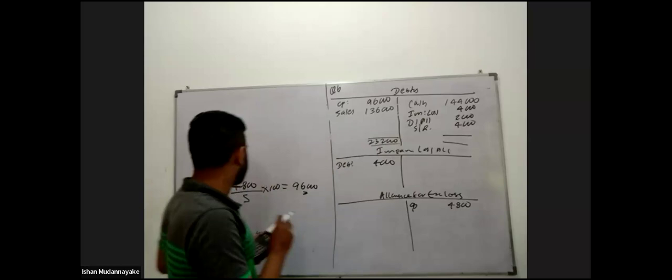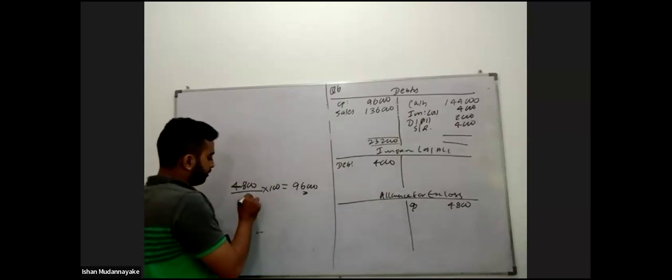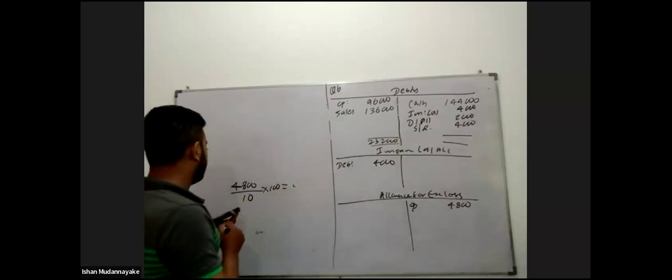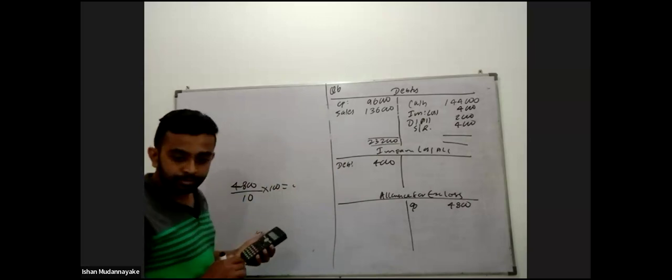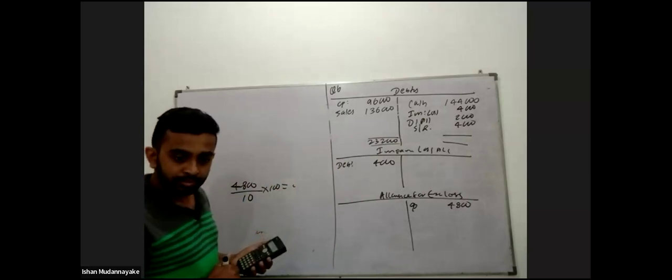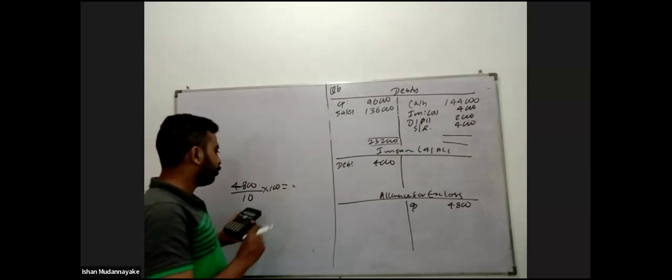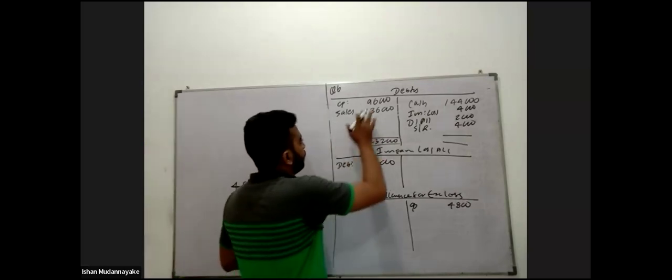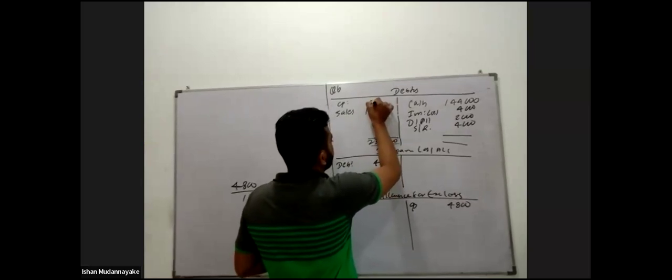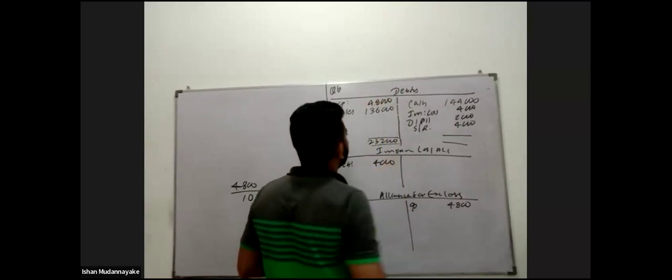Oh, 10%, sorry. Then 4,800 divided by 10, then multiplied by 100. 48,000. Opening balance 48,000.